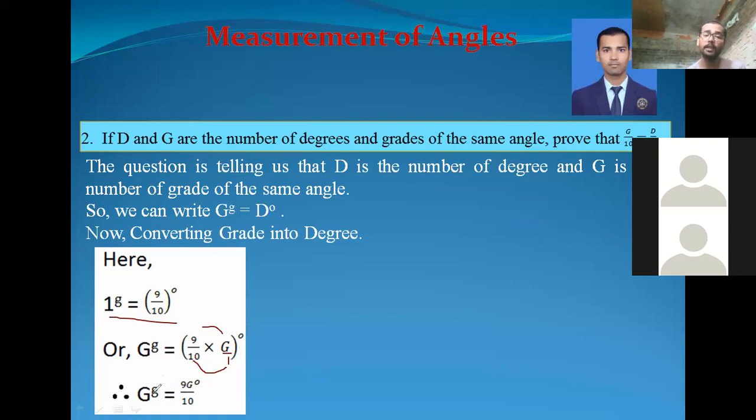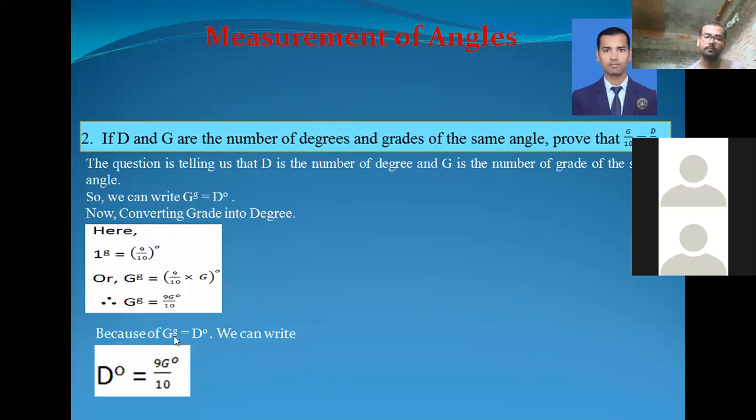So we can write G grade is equal to 9G by 10 degree, because here we got this. In the second step, because G grade is equal to D degree, we can write D degree is equal to 9G degree by 10, because both measures are given of the same angle.